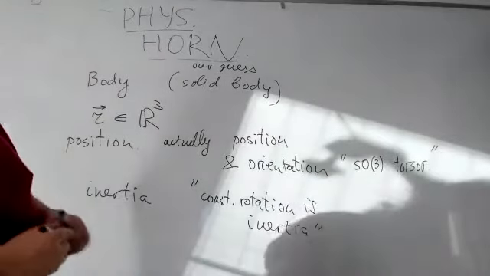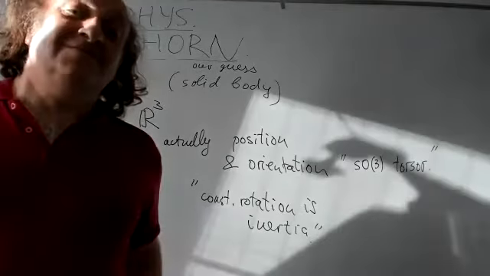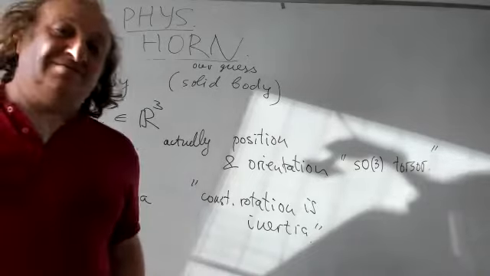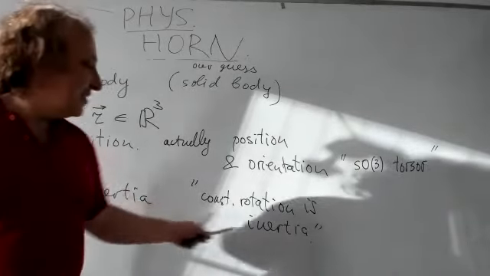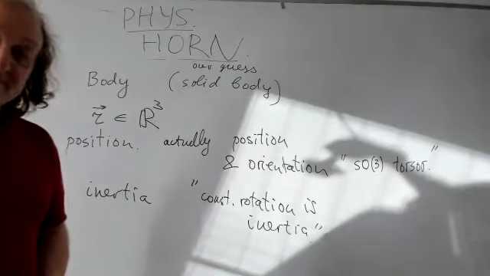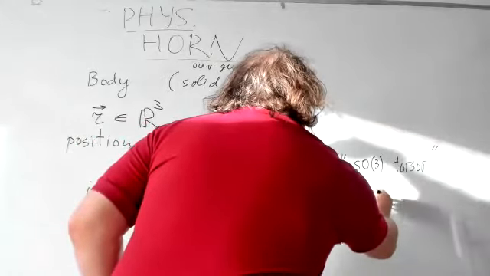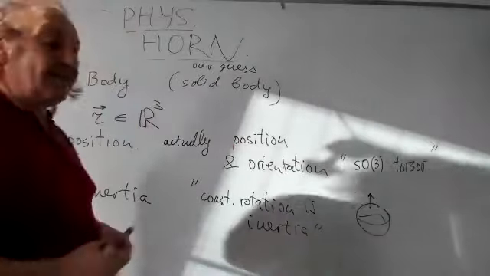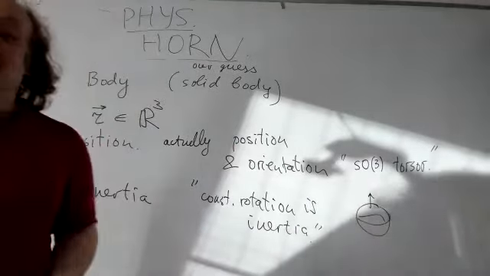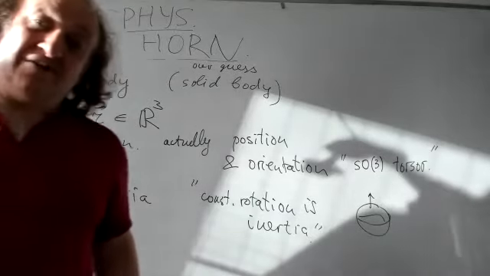So he understands that orientation has to be put somewhere in his axioms, but then he ignores it. Moreover, when he says constant rotation, it is clear what it is for a sphere. However, what is a constant rotation for a body of some other shape? It's interesting.